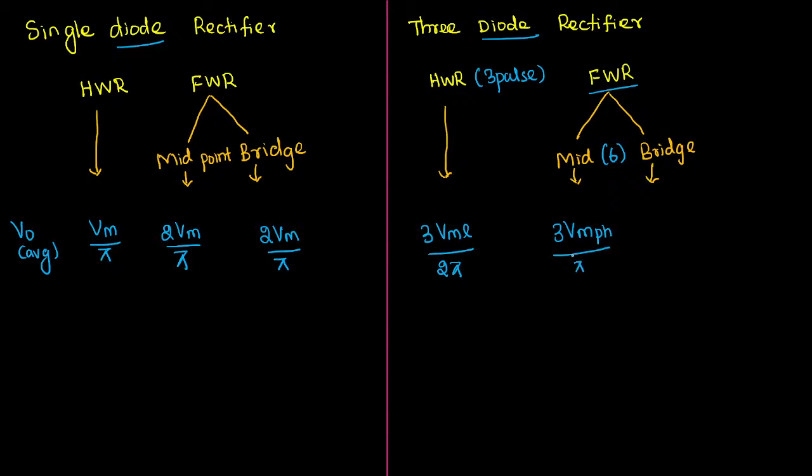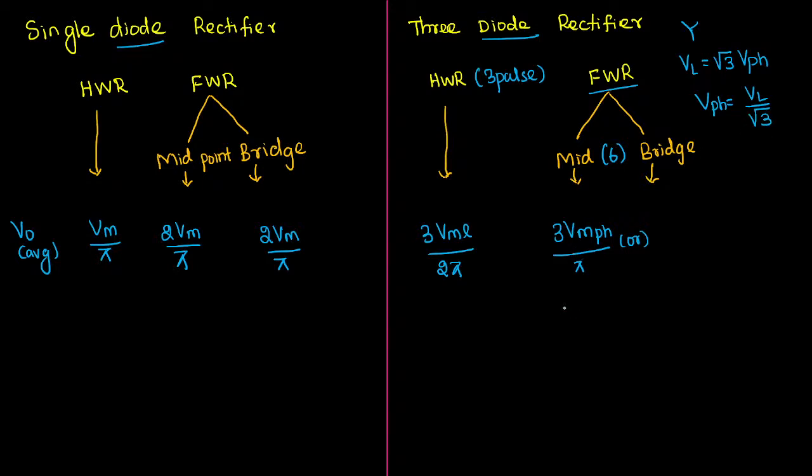Or we can also write it in terms of line voltage. We know it is star connected. Midpoint means we will be connecting star connected loads with this. So when the load is star connected, line voltage equals root 3 times phase voltage. If you want to replace the phase voltage by line voltage, the phase voltage will be replaced by line voltage upon square root of 3.